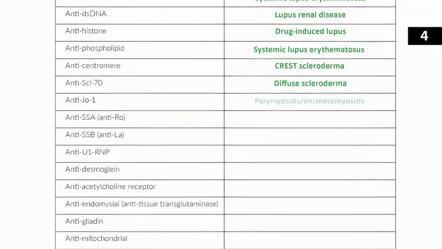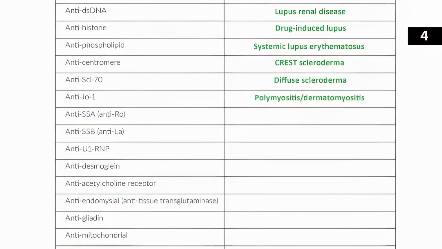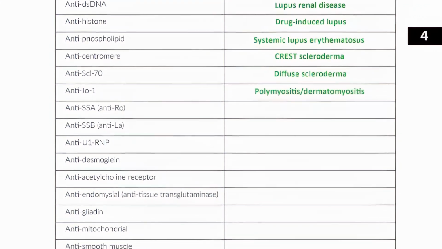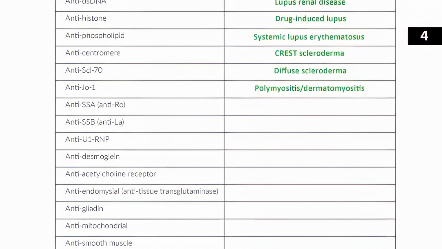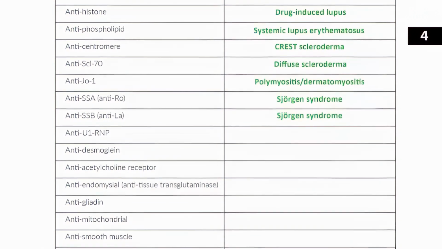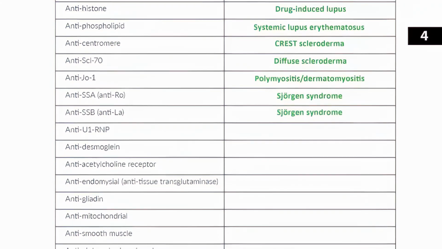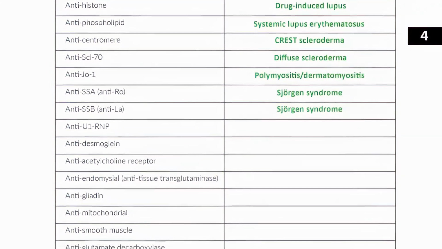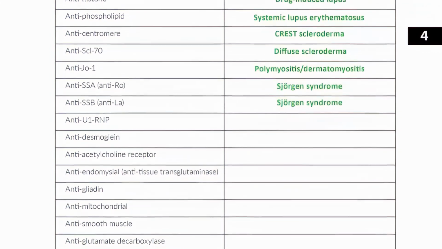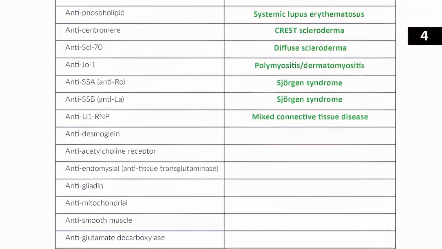Anti-Jo-1 is seen with polymyositis and dermatomyositis. Anti-SSA and anti-SSB. Remember, SS is for Sjogren's syndrome, SSA is anti-Ro, and SSB is anti-La. There's an antibody called anti-U1-RNP, ribonucleoprotein, which is seen in mixed connective tissue disease.